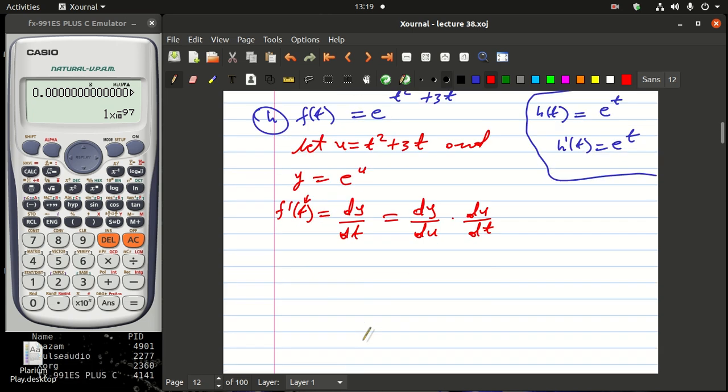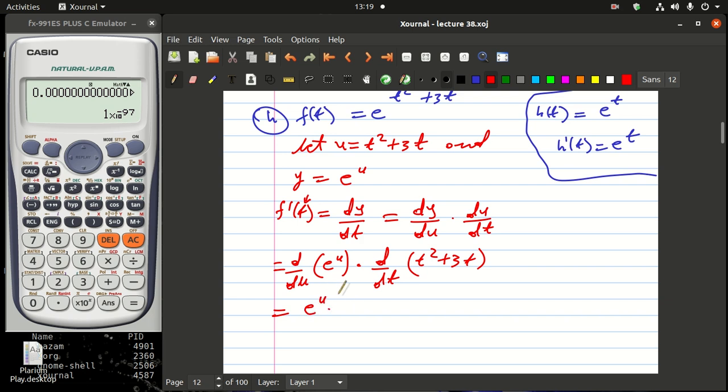And then after that, I know actually what was my y. So this is going to be d/du of my y was e to the power u times du/dt. What was my u? My u was actually t squared plus 3t. What is the derivative of e to the power u with respect to u? Is still going to be the same thing, and then multiply by the derivative of this.